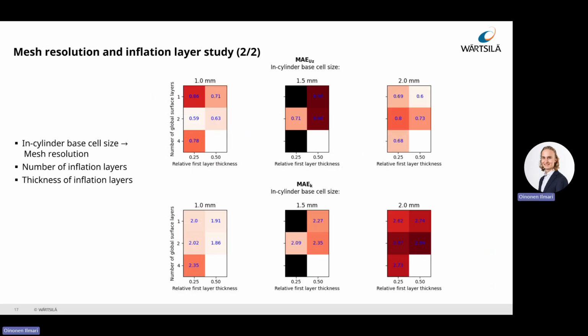It was observed that the inflation layers generated with the automatic mesh generation had some inconsistencies. It seemed that an increase in all the parameters generally decreased performance. Therefore, number and thickness of inflation layers should be limited.